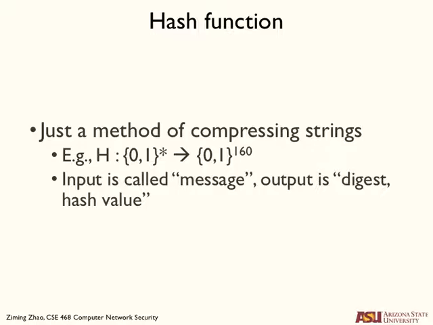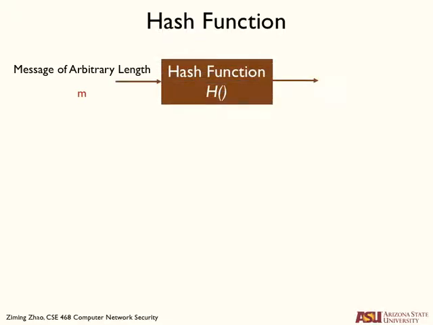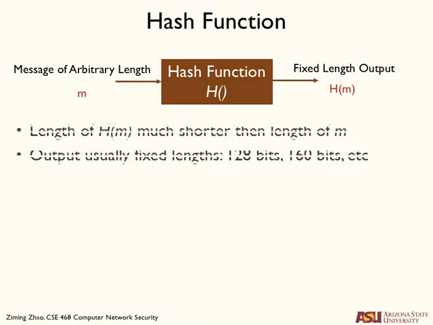It's like an abstract, a digest of your data. So here is how it works. You have an arbitrarily long message and send it to a hash function. We will use H to denote this hash function, and it will output a fixed length output. Usually, the output is much, much shorter than the message.